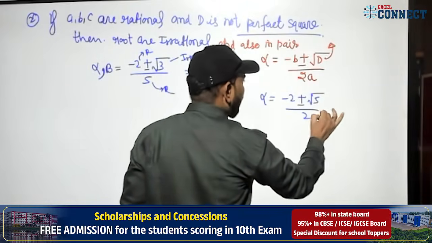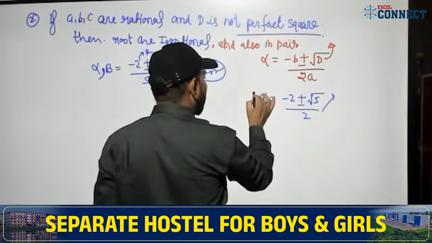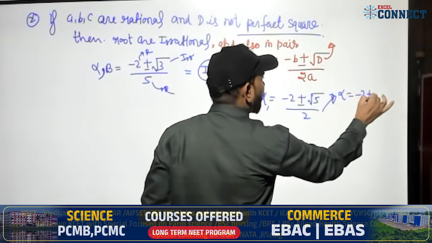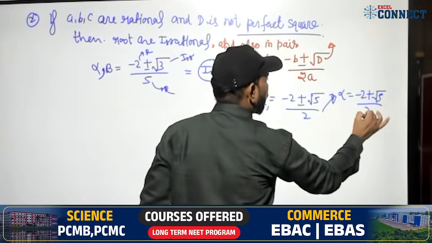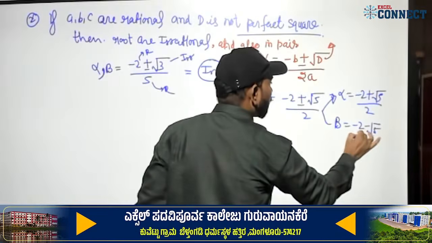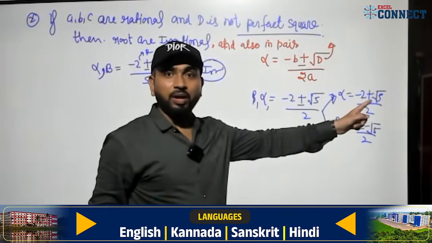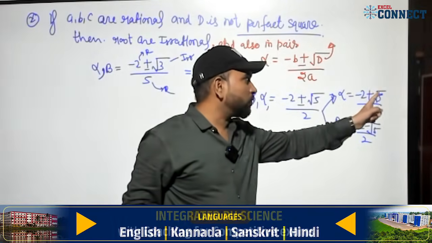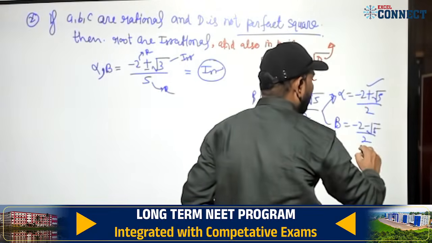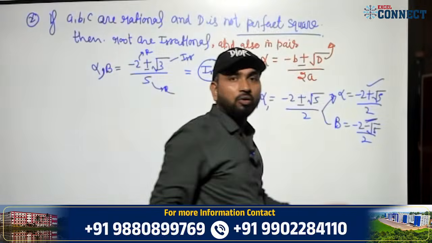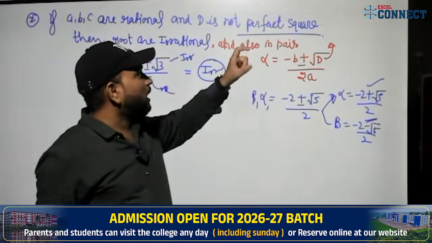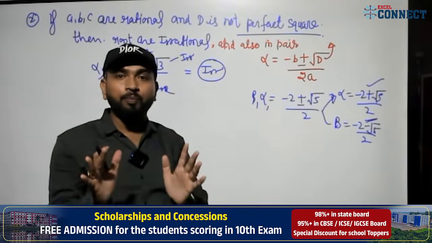So one is alpha, which is minus 2 plus root 5 by 2, and this is beta, minus 2 minus root 5 by 2. This is a pair. Whenever the root with plus sign comes, 100% guarantee the other will also come, because this always comes in a pair. So whenever the roots are irrational, they come in a pair.